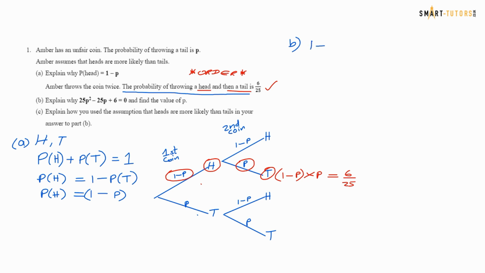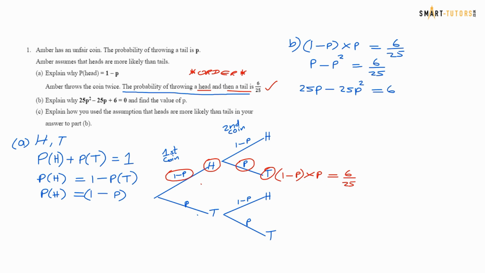So you need to write (1 minus P) times P equals 6 upon 25. So P times 1 is P, minus P squared, equals 6 upon 25. Multiply everywhere by 25, so 25p minus 25p squared equals 6.